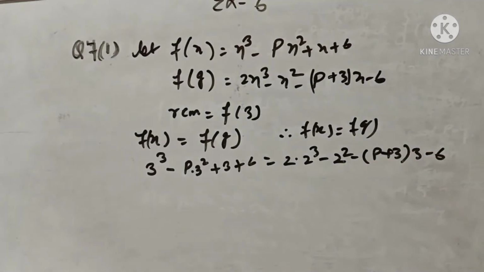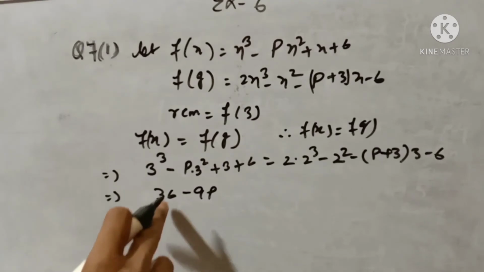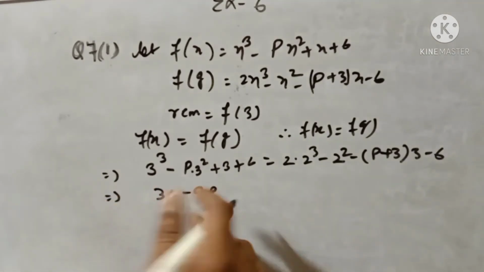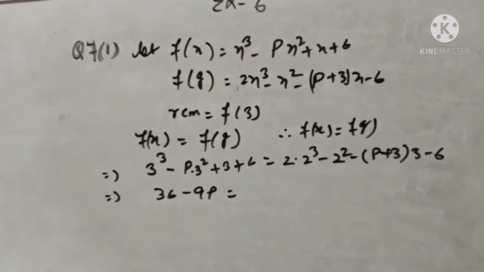So by solving we got 36 minus 9p on this side.